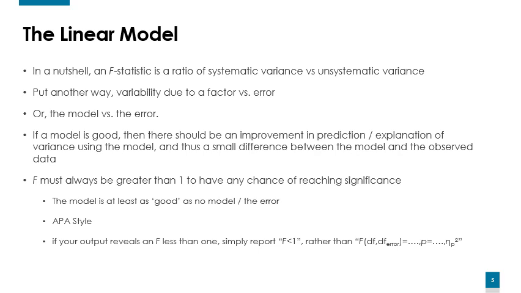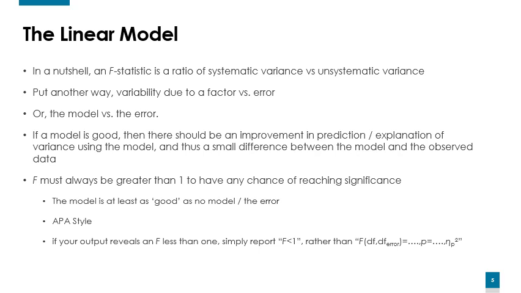Now, one thing that you may notice in particular journals that have used APA style is that if the output of your statistical test of your linear model reveals an F ratio, an F value less than 1, you can simply report F less than 1, rather than the more typical F, degrees of freedom associated with your treatment or your factor, comma, the degrees of freedom associated with the error term, what the F value is in exact terms, the associated p-value, and perhaps a measure of effect size such as a partial eta squared.